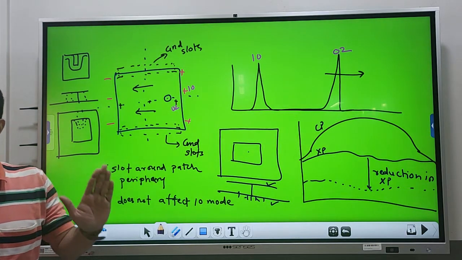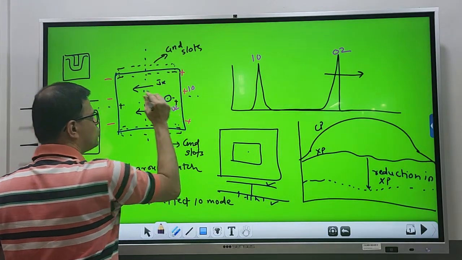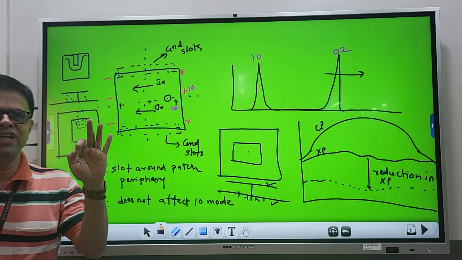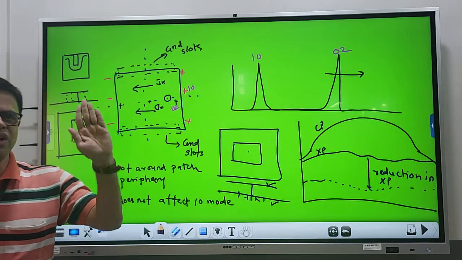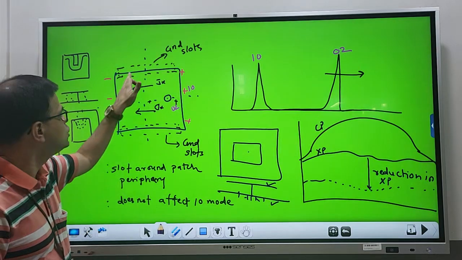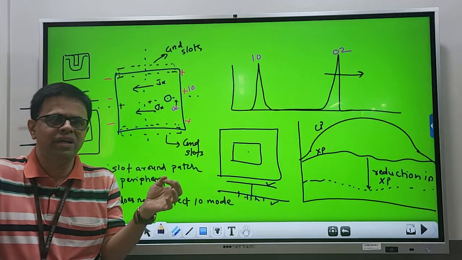There is only the Jx component present. There is no Jy. So if there is no Jy, the cross-polar radiation coming from that Jy component is zero, ideally speaking. Plus, there is no radiation coming from the non-radiating edges because it is absolutely constant.